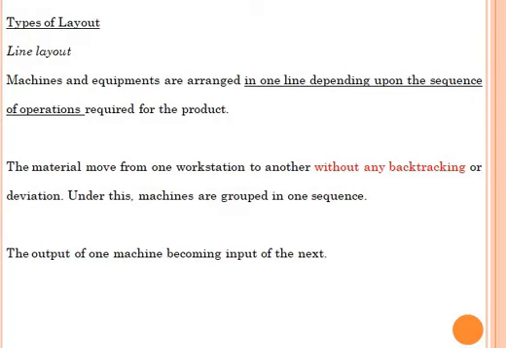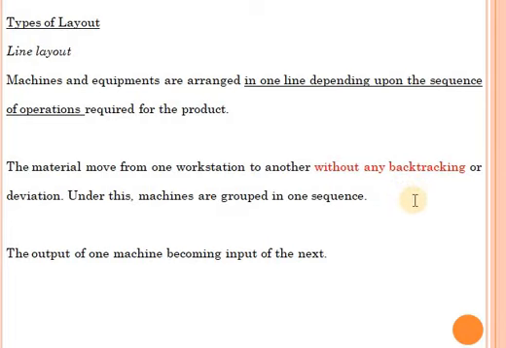So with the line layout, all the machines and the equipment are arranged in a line depending upon the sequence of operations required for manufacturing the final product. So what happens? All the materials will move from one workstation to another workstation without backtracking.